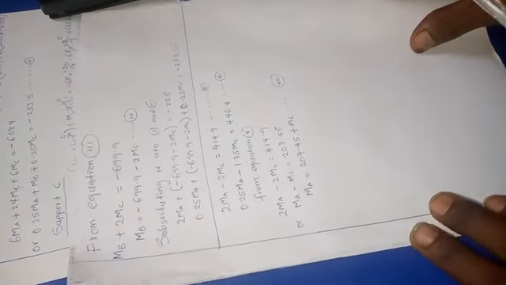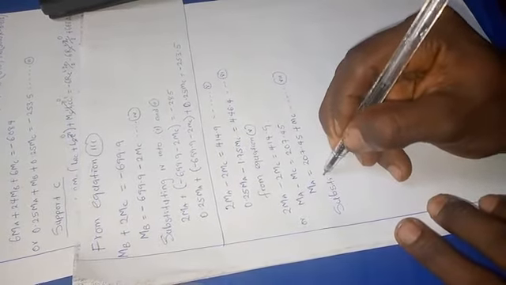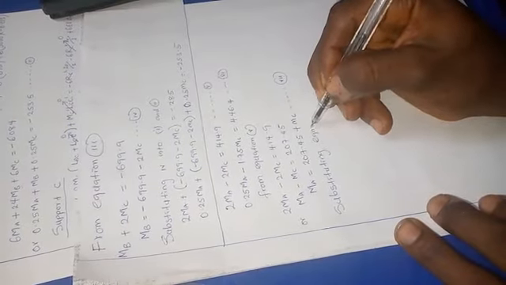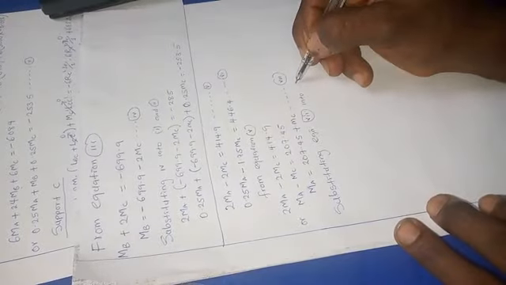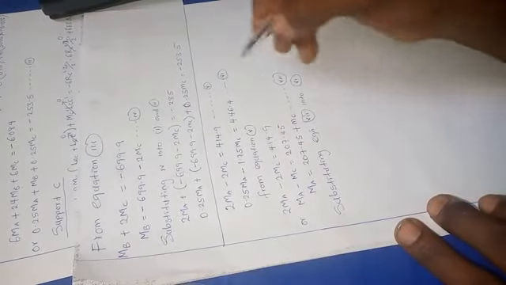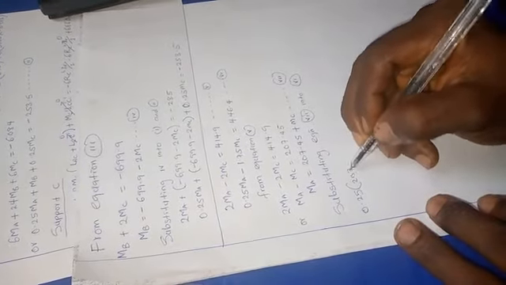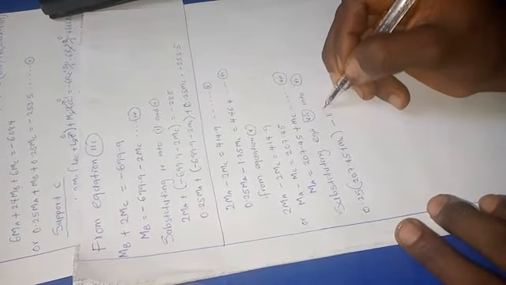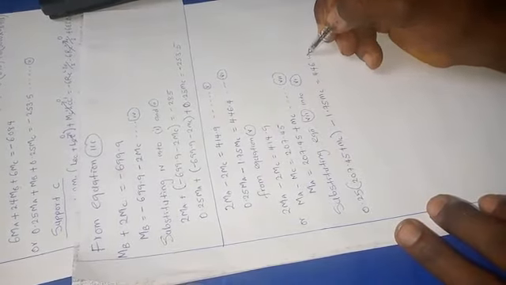Then the next thing is to substitute equation 7 into equation 6. So substituting equation 7 into 6, I'm going to have 0.25 in bracket 207.45 plus MC minus 1.75 MC equal to 446.4.